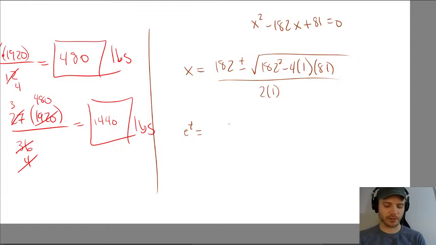So, calculator time again. Nah, I can't do this. It's ridiculous. Why would I do that? 182 squared minus 4 times 81. Is that a perfect square? Could it be? No. 328 divided by 2.